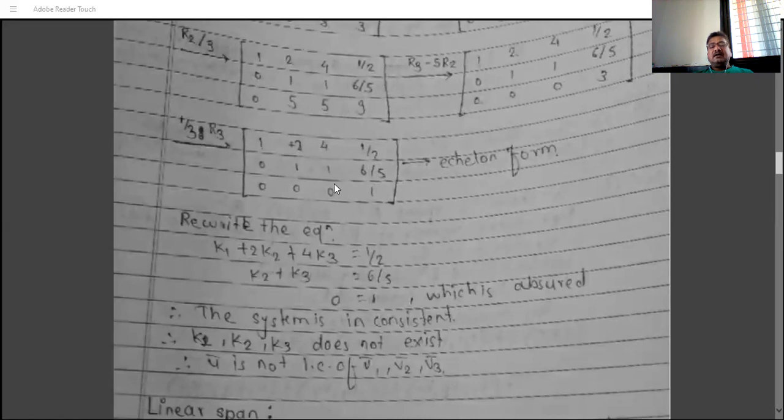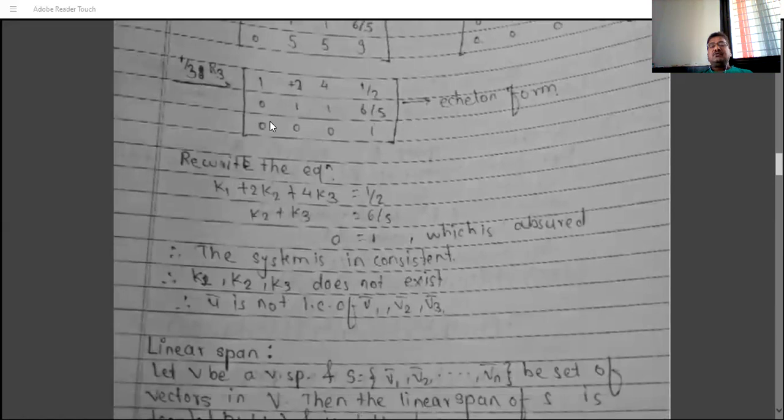After rewriting the equation, we have K1 plus 2K2 plus 4K3 is equal to 1/2, then K2 plus K3 is equal to 6 by 5, and lastly 0 into K1 plus 0 into K2 plus 0 into K3 is 0, so 0 is equal to 1, which is absurd and impossible. Therefore the given system is inconsistent.